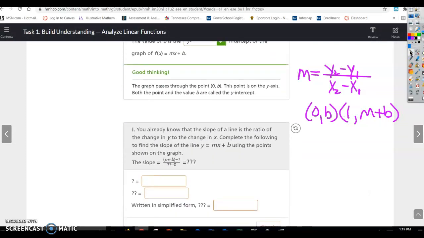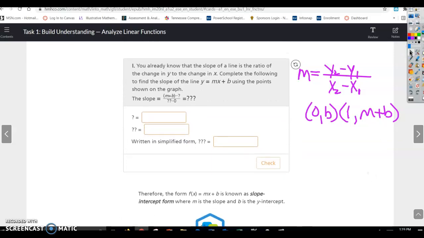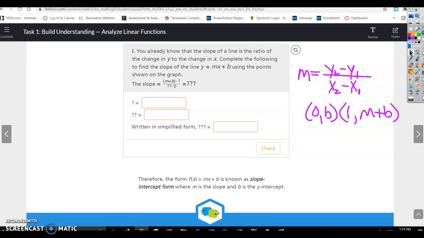All right, so let's see what it says. It says complete the following to find the slope of the line y equals mx plus b using the points shown on the graph. Okay, these are the points I just pulled off of the graph. All right, it says the slope equals... Okay, so remember it's y. This is my x and y from my first point.